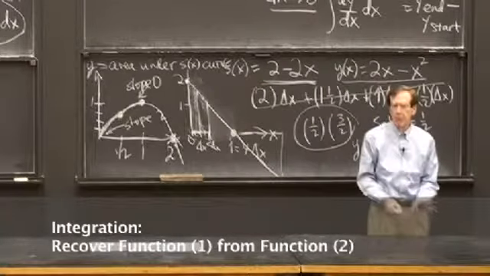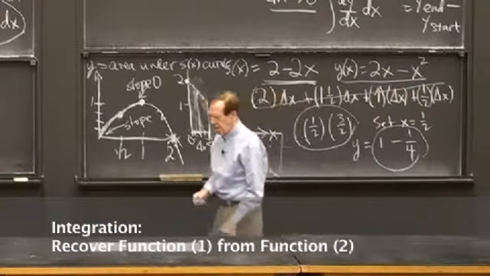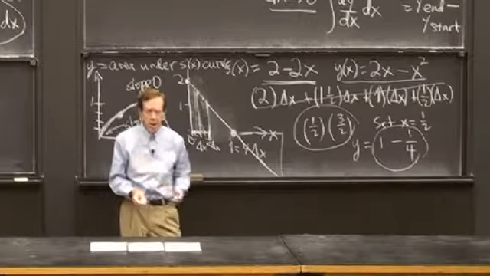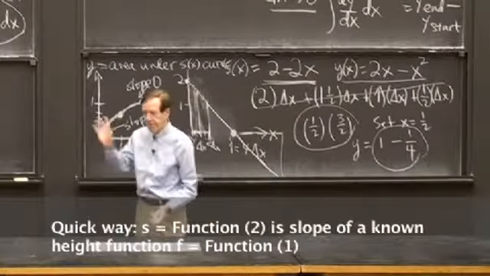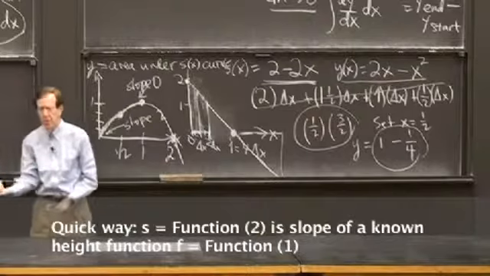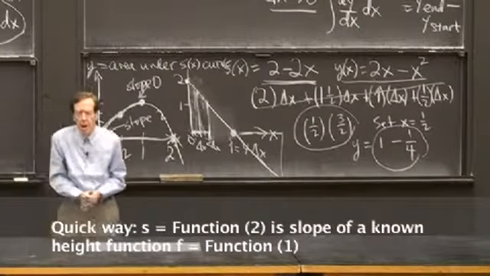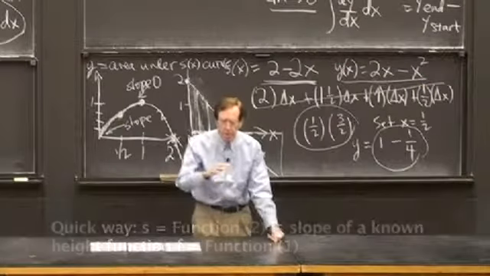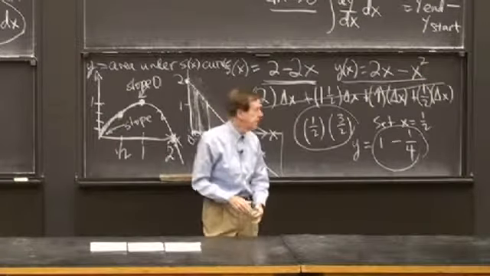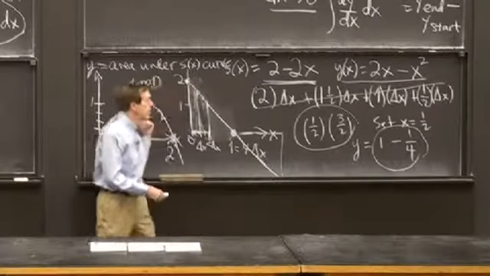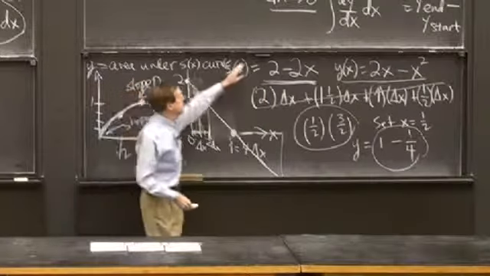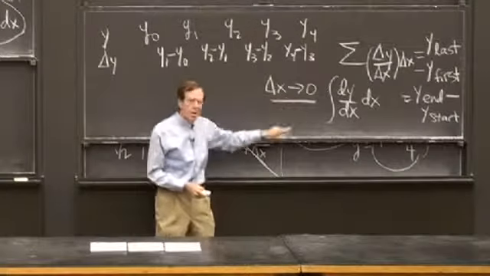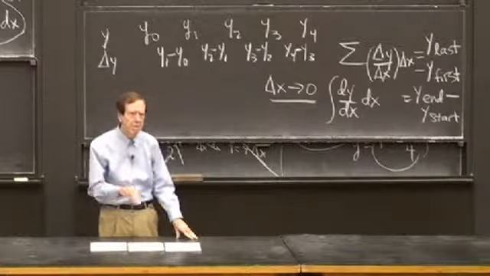Let me just recap a moment. Today was about going from function 2 back to function 1. The quickest way to do it is to find a function 1 that gives that function 2, and then you're in. But if you can't do that, or if you want to understand what the real limiting process behind it is, it's like the algebra, but it's this expression here that's concealing so much mathematics.